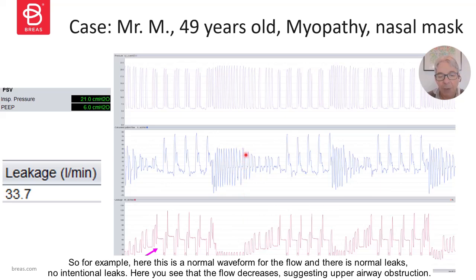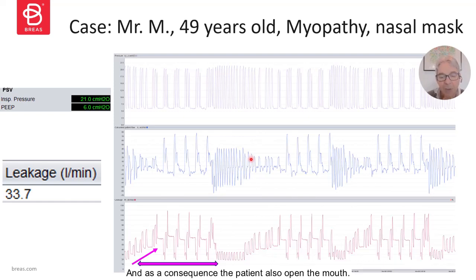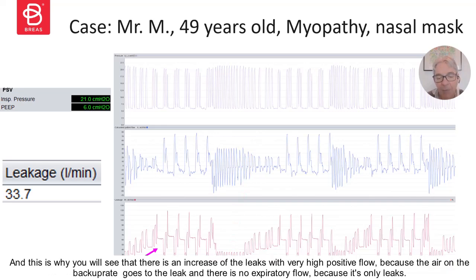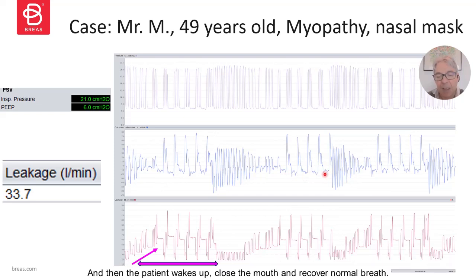Here you see that the flow decreases, suggesting upper airway obstruction, and as a consequence, the patient opened the mouth, and this is why you will see that there is an increase of the leaks with very high positive flow, because the air from the ventilator goes to the leak, and there is no expiratory flow because it's only leaks. And then the patient wakes up, closes the mouth, and recovers normal breath.